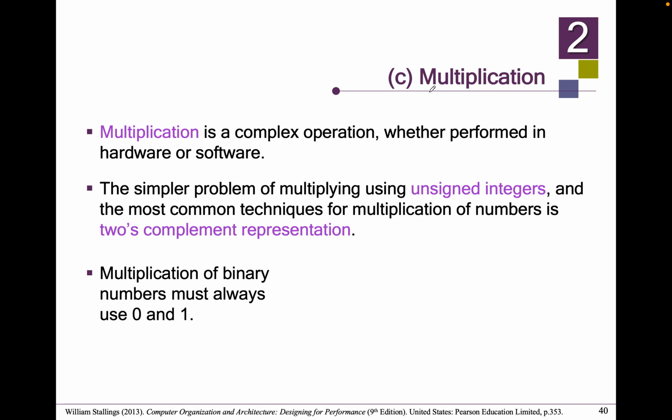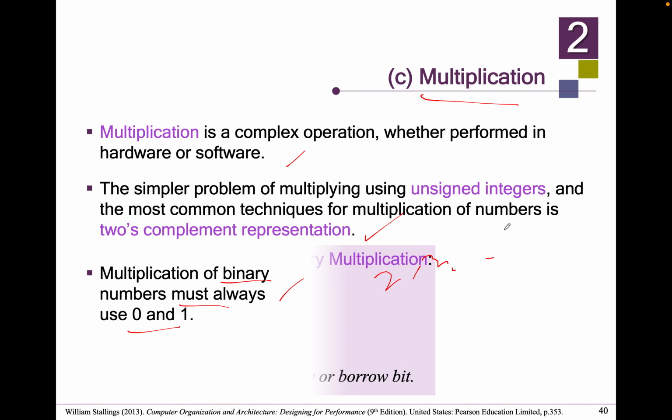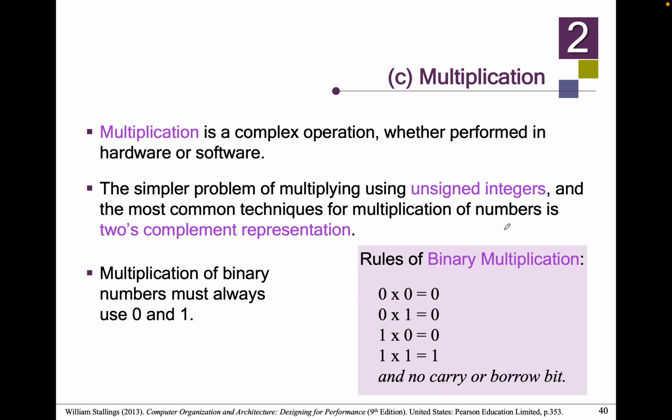Okay, under multiplication. Multiplication is so complex. You can try to read it. But you can see multiplication of binary must always be 0 and 1. So there is no 2, 3 and so on, although it is a multiplication. So there is also a table for you to remember for multiplication. Last time we had the table of additions.